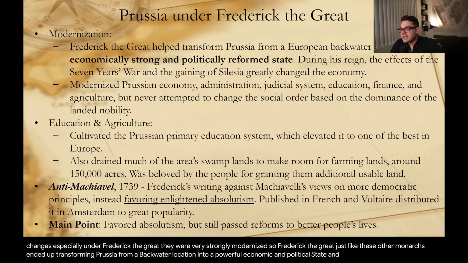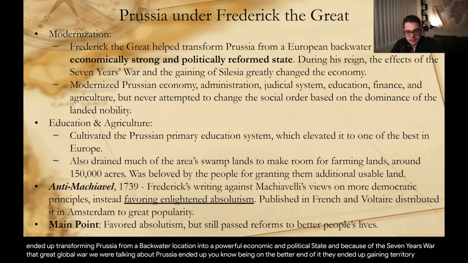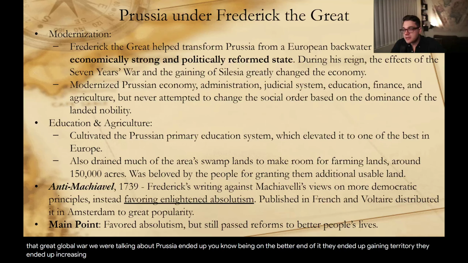And because of the 7 Years' War, that great global war we were talking about, Prussia ended up on the better end of it. They ended up gaining territory. They ended up increasing their military. Under Frederick the Great's reign, they more than doubled their military capacity.